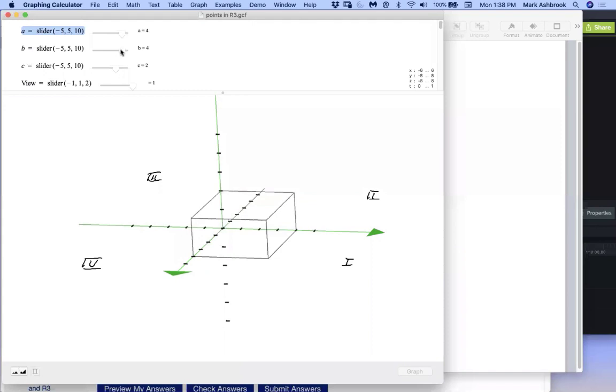Okay, and so that's 1, 2, 3, 4, and then the 5, 6, 7, and 8 are the same pattern again going around, but all below the XY plane. So here's the 5th octant, 6th, 7th is back to the left and below, and then 8th octant is below, to the left, and in front. So that's the 8th octant.